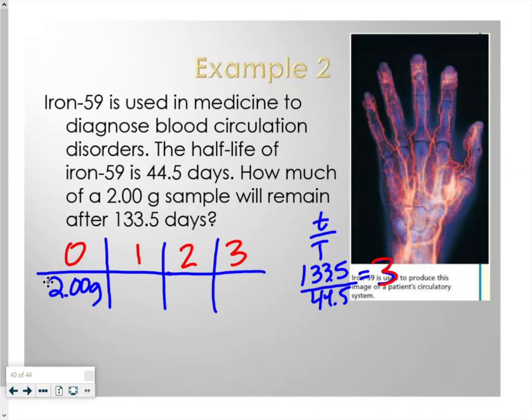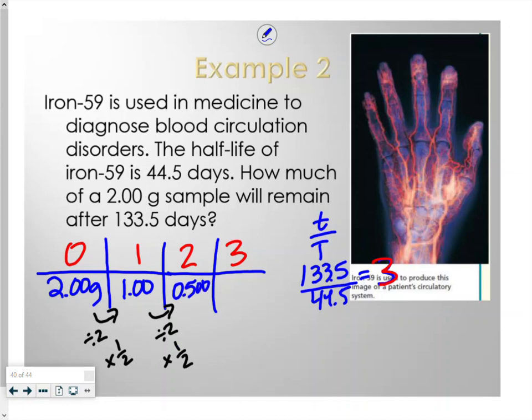Then all I have to do is start dividing by 2. So if I divide by 2 or multiply by 1/2, remember you can do that, I'm going to end up with 1 here. I go ahead and do it again, divide by 2, multiply by 1/2, either way is fine. I'm going to end up with 0.500.